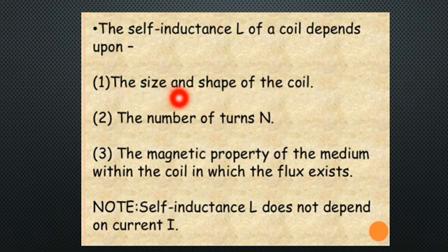The second one is the number of turns of the coil, and the third one is the magnetic property of the medium within the coil in which the flux exists. And the self-inductance L does not depend on current. Students, these are the 1 marks.